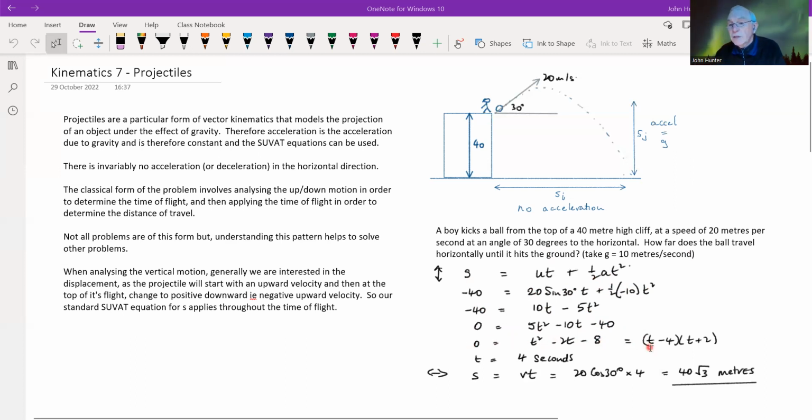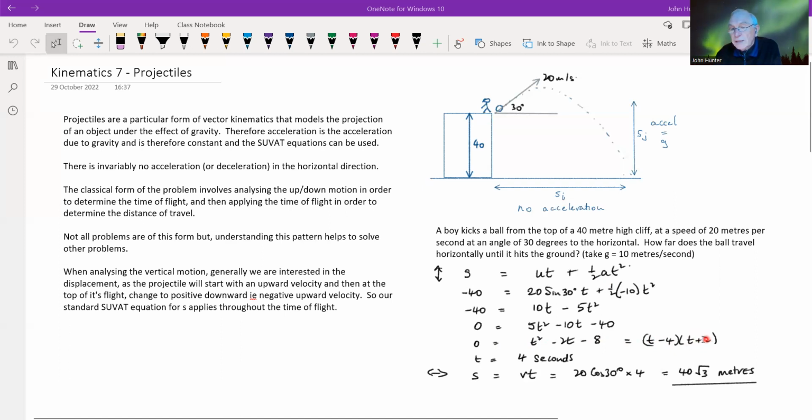We can factorize this, and we get t minus 4, t plus 2. So there are two solutions to that equation: 4 and minus 2. In this particular problem, we're not interested in anything prior to t equals 0.